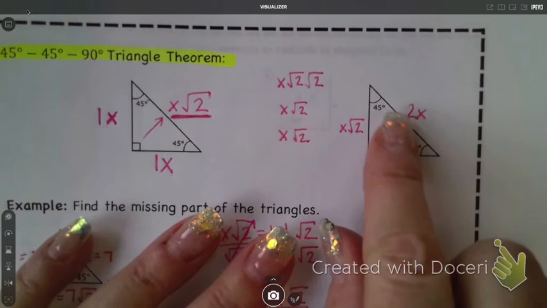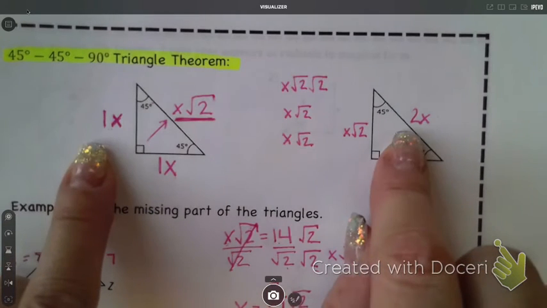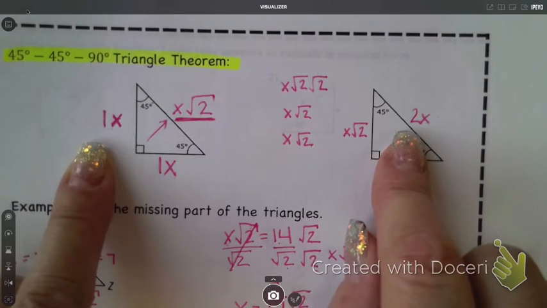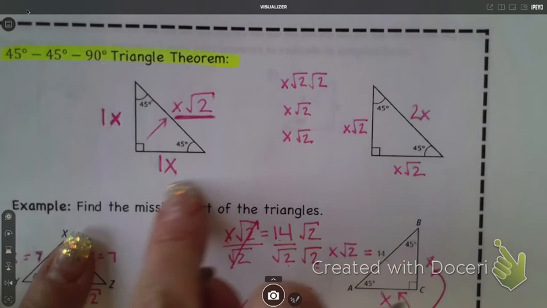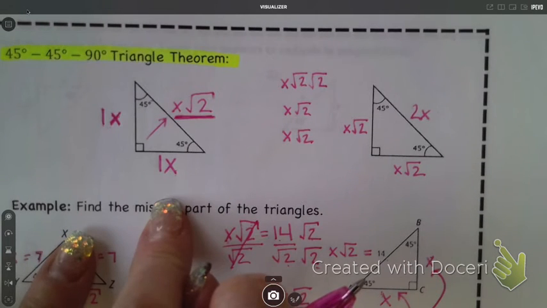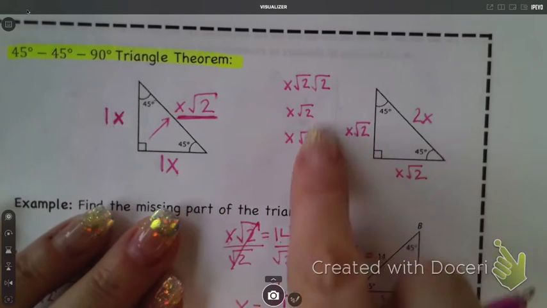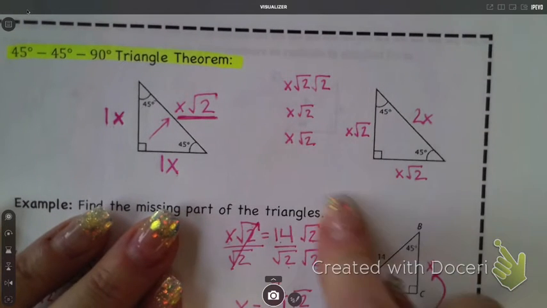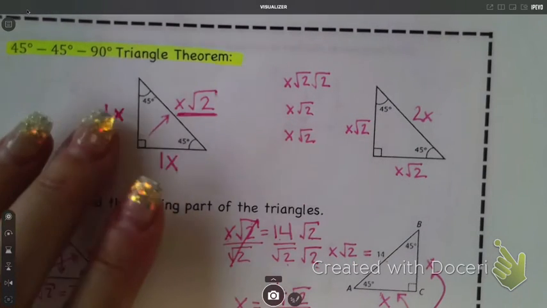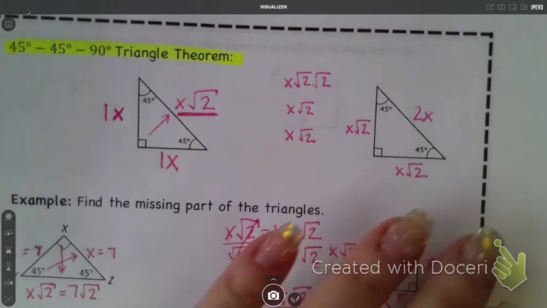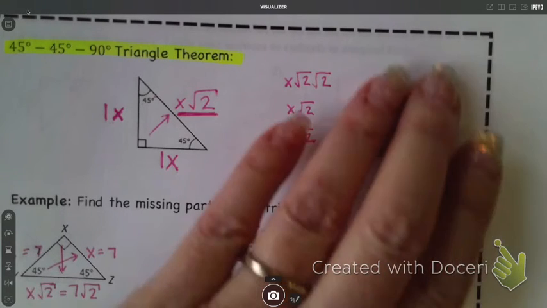I honestly use this when they give me a hypotenuse, and I use this one when they give me a leg, and then I don't have to calculate x. But can we just use one of them? Yes. I was just going to show you when you come in here and you see the trig stuff on the board, you're going to see the right-hand one. So we'll stick with this 1, 1, square root of 2, unless you personally want to use the other. When you get to trig, I only use the right-hand one.